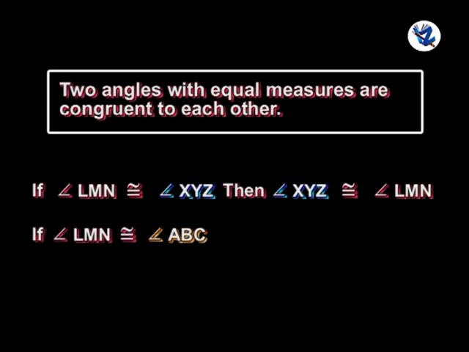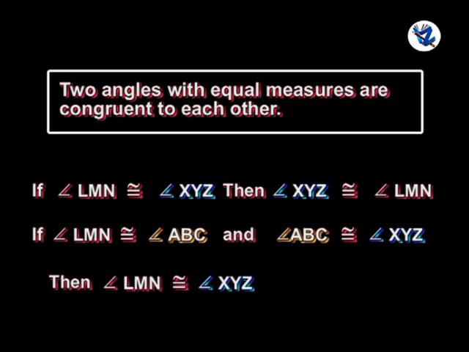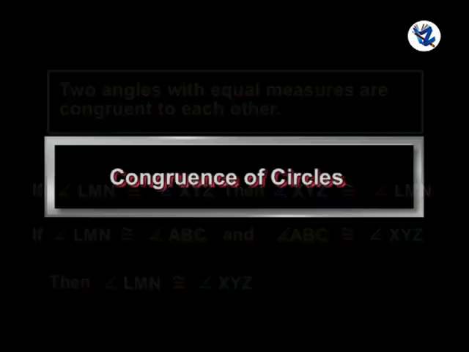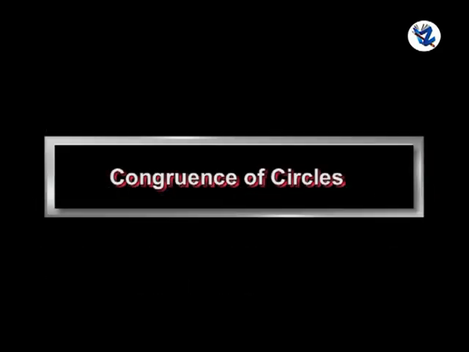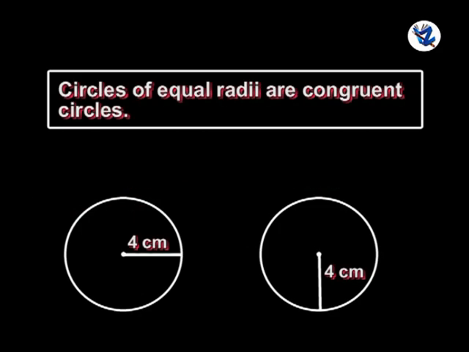And if angle LMN is congruent angle ABC and angle ABC congruent angle XYZ, then angle LMN is congruent angle XYZ. Then congruence of circles. The circles which coincide exactly are said to be congruent circles. They always have equal radii. That means the circles of equal radii are congruent circles.